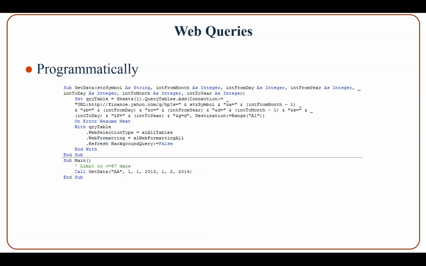You can ask it to refresh every hour or every time you open the workbook, etc. And later on in the Submit procedure, you call the sub GetData and give it the parameters that you want. So for example, this GetData query, stock prices for AA from 2013 to 2014, from the 1st of February to the 1st of March.